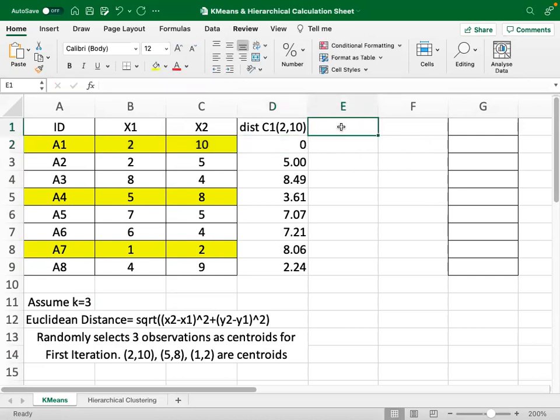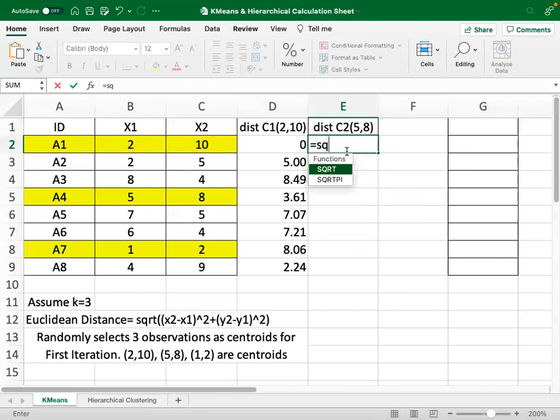Okay, now distance C2, 5, 8, is equal to SQRT, open 2 brackets, X2 minus x1, fix it by pressing F4, to the power of 2, plus open bracket y2 minus y1, fix the y1 by pressing F4.